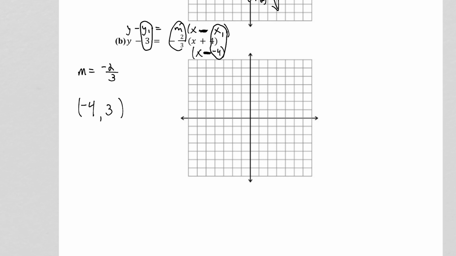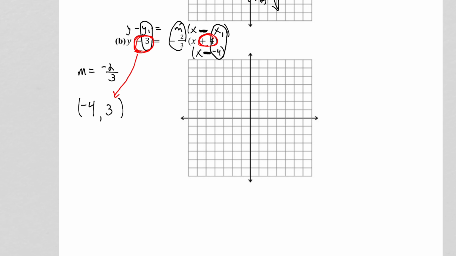So oftentimes what I tell students is whatever sign shows up in point-slope form, it is actually the opposite of that in your point. So here it looks like -3, but your y-coordinate is actually +3. Here, your x-coordinate looks like +4, but it's actually -4.